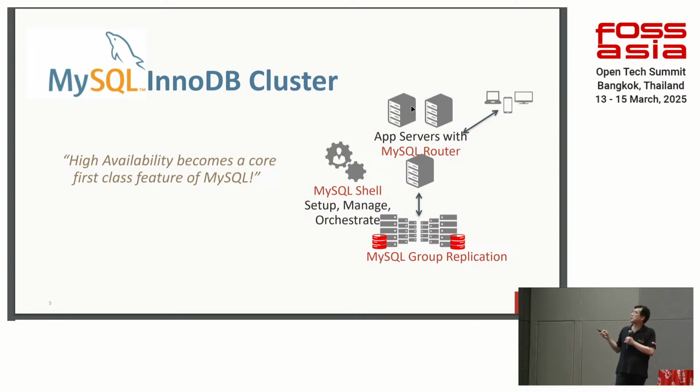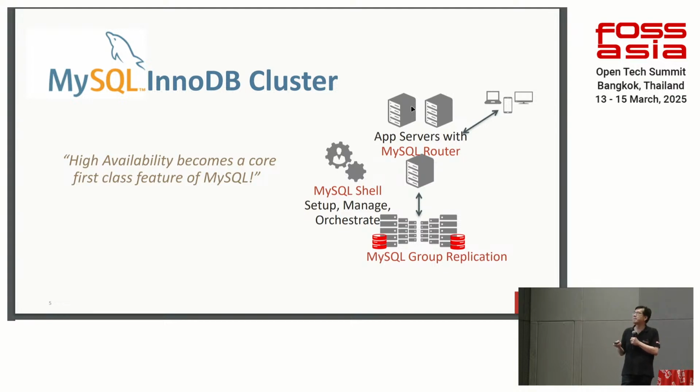And there's one middle tier we call MySQL Router. MySQL Router is running between your application server and the database. Your application server does not need to know how many nodes are contained in the cluster, and which node is the primary node.